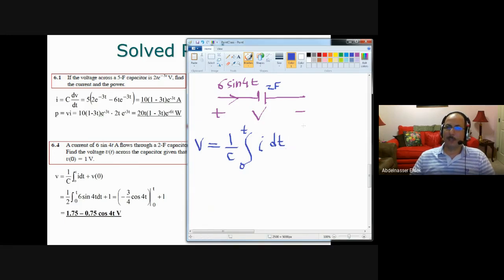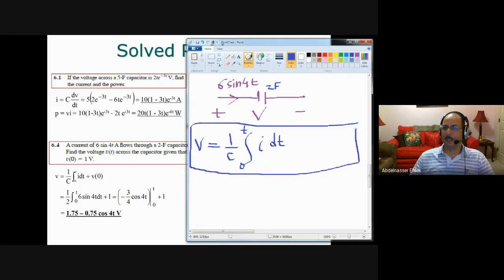But what is new here is that you have to add the initial voltage when you do the integration. If it is not given, then you just neglect it. Then you add V0, which is given here as 1.